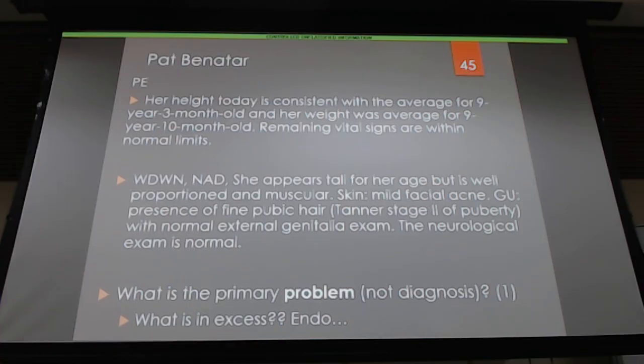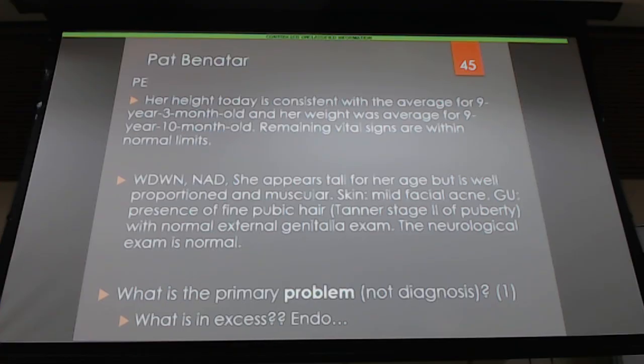We'll talk about what that means in the next block, especially for males. Mild facial acne. We do a GU exam, and sure enough, there's some fine pubic hair, so Tanner stage 2. She won't be tested on this, but she's having early puberty development. Normal external genitalia exam, because that's all you do on a little kid. It's just an external exam.